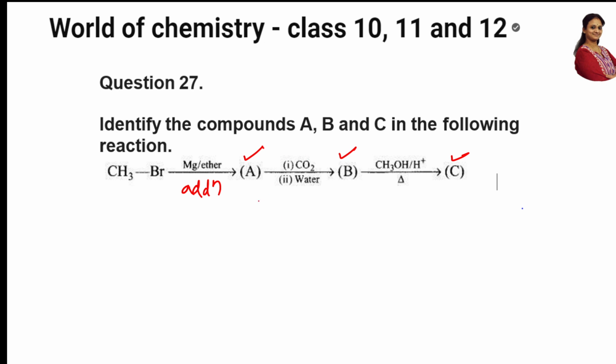That means I have a clue here: there is formation of an acid from the carbon dioxide. After that, I took methanol and sulfuric acid. That means this is compulsorily an esterification reaction, so I'm going to get an ester here. With these reagents only, I can say what it is.